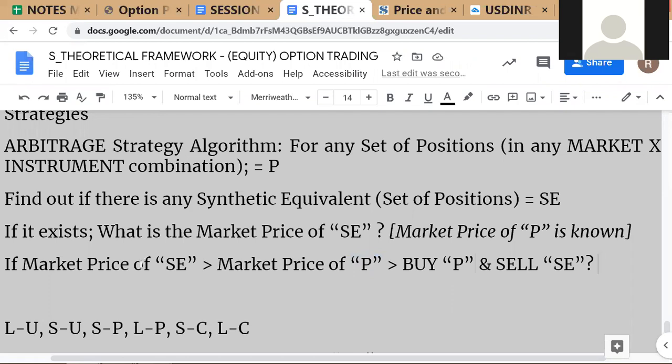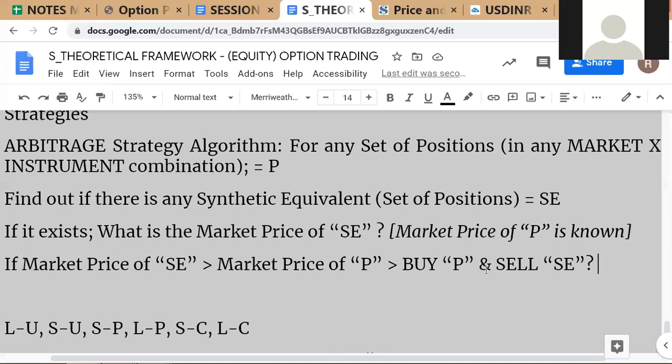Because this is higher and these two are the same, two identical things should not have two different prices. So if you see that, you can buy the market which has the lower price and sell the market which has the higher price. So here you buy P and sell SE.